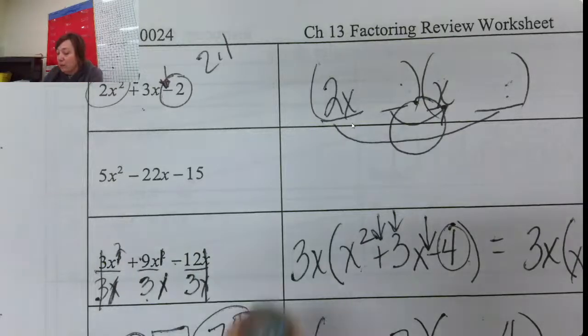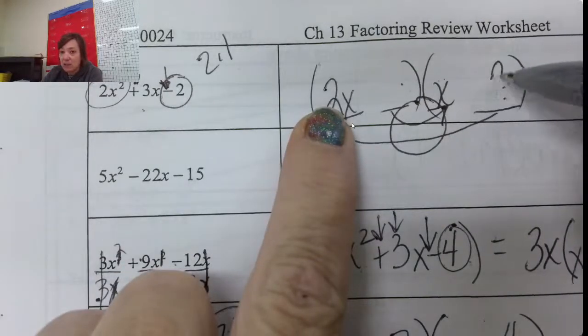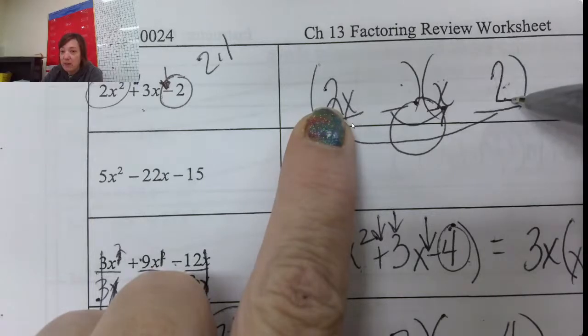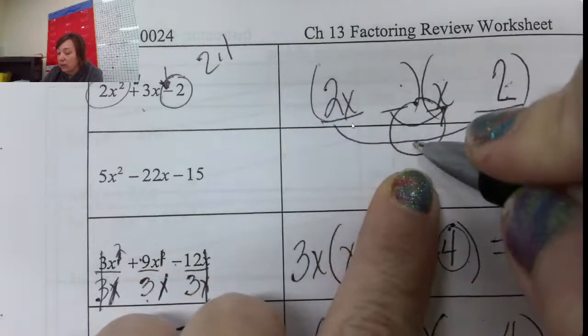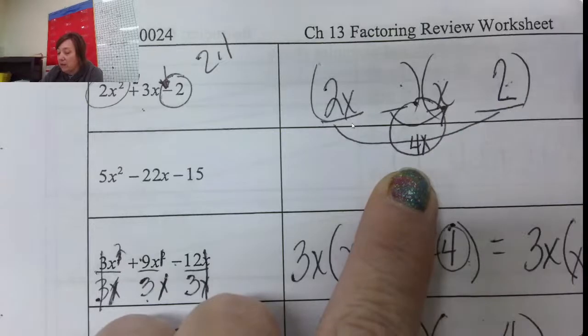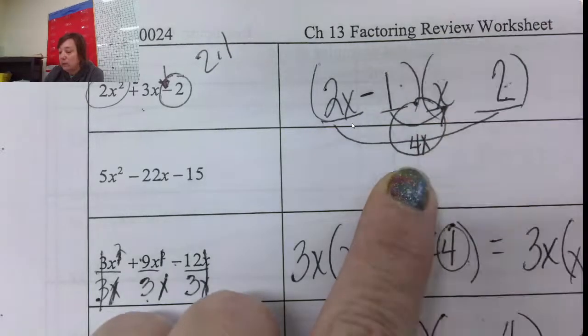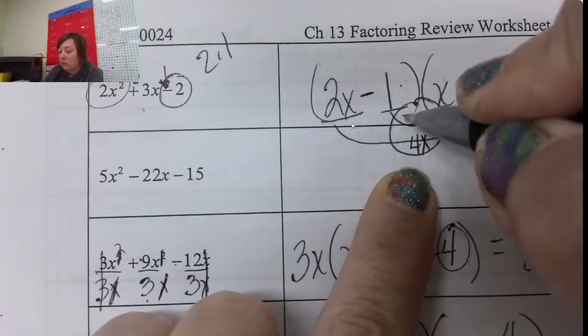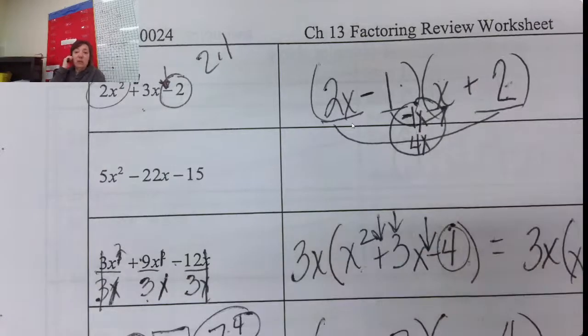So if I put this as a positive 2, that's going to give me positive 4x. If I put this as a negative 1, that's going to give me negative 1x. And when you combine negative 1x and positive 4x, what do you get? 3x. Did y'all see it?